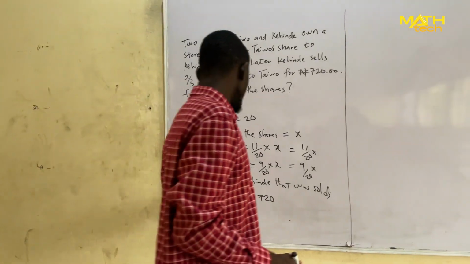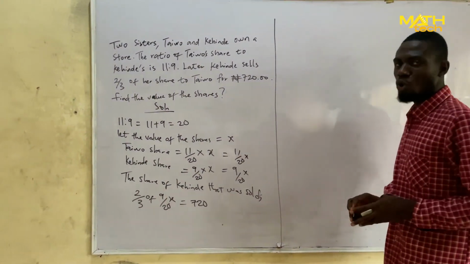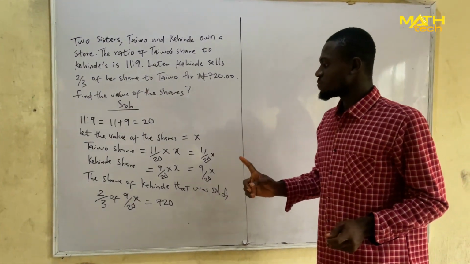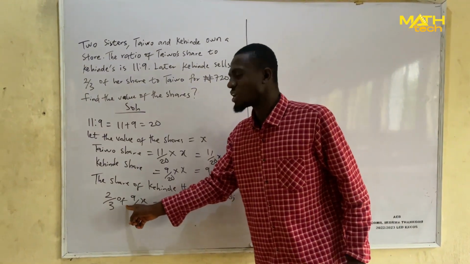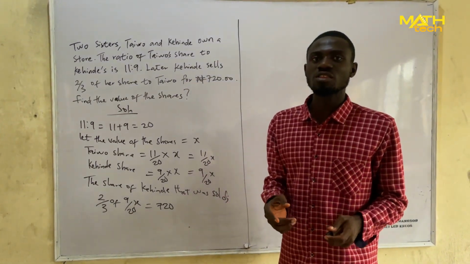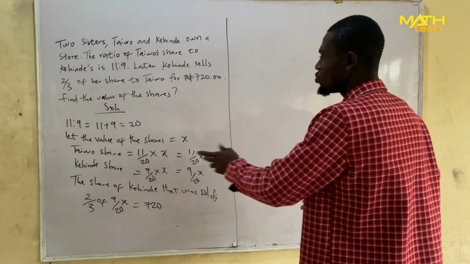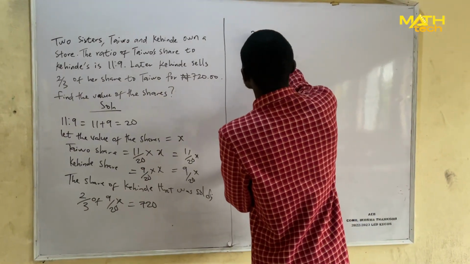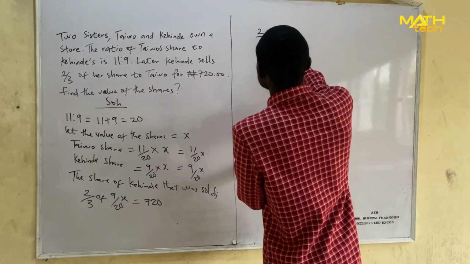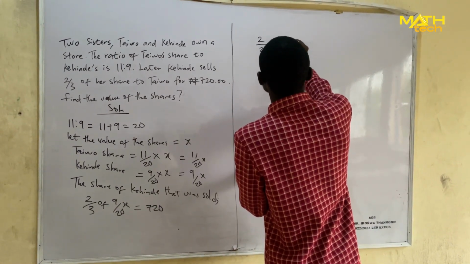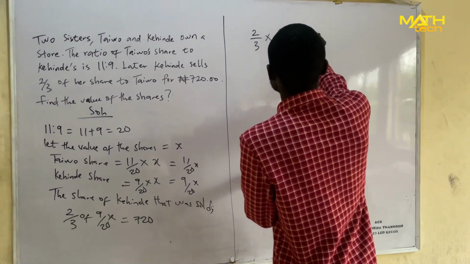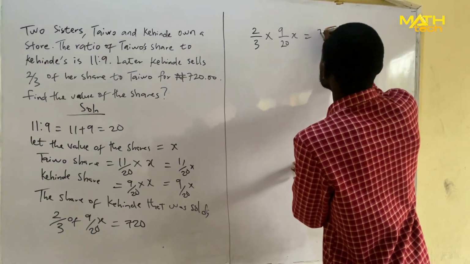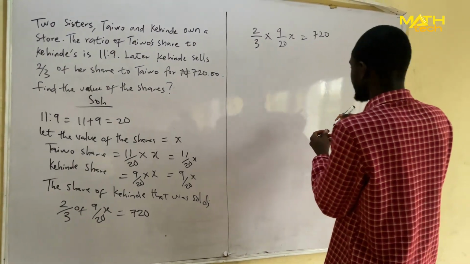So at this point, I want us to know one important thing. Anytime we have "of" in mathematics, it simply means multiplication. So what we do here is that we say 2/3 times 9/20x equal to 720.